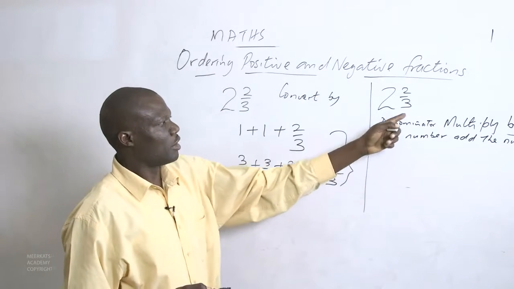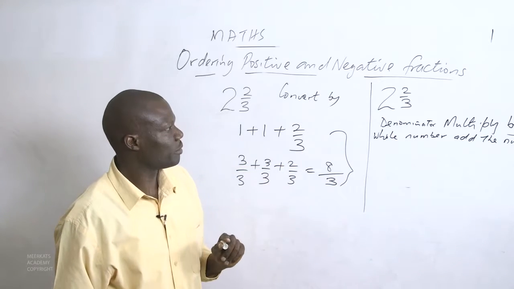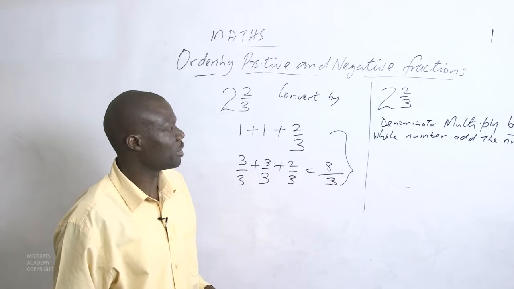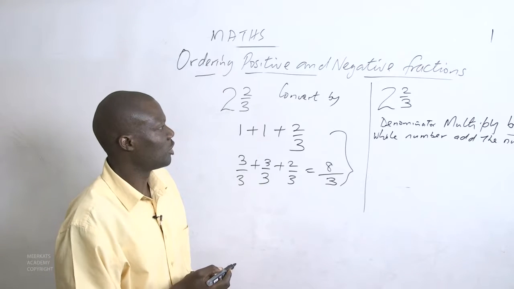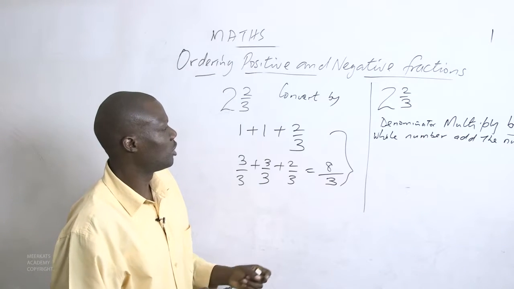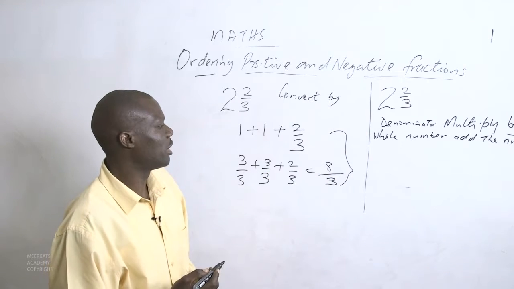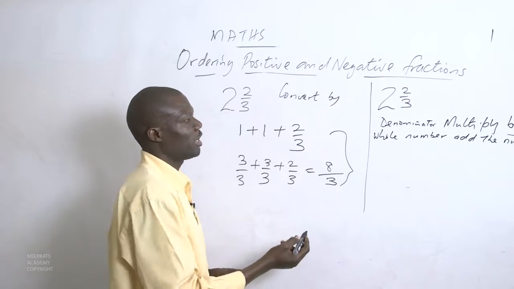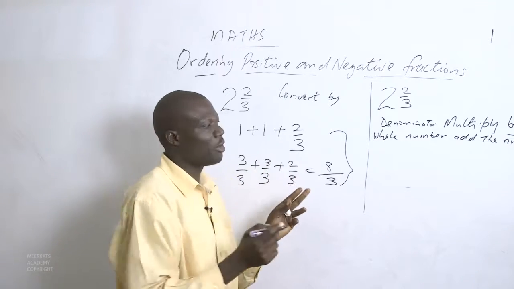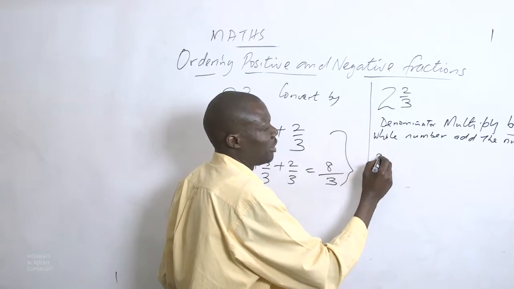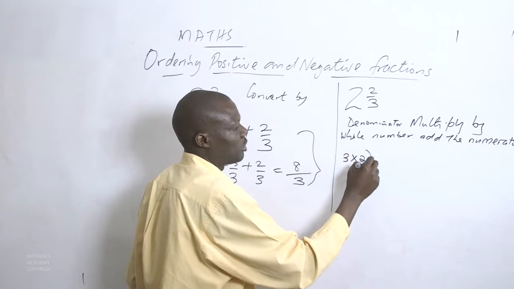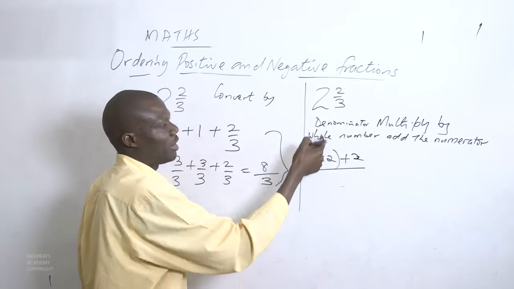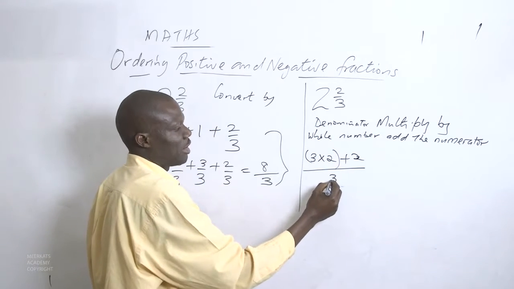So the denominator is 3, multiplied by the whole number, which is 2, and then we add the numerator, which is 2. To make up the numerator, it will be 3 times 2 plus 2, but the denominator remains as 3.